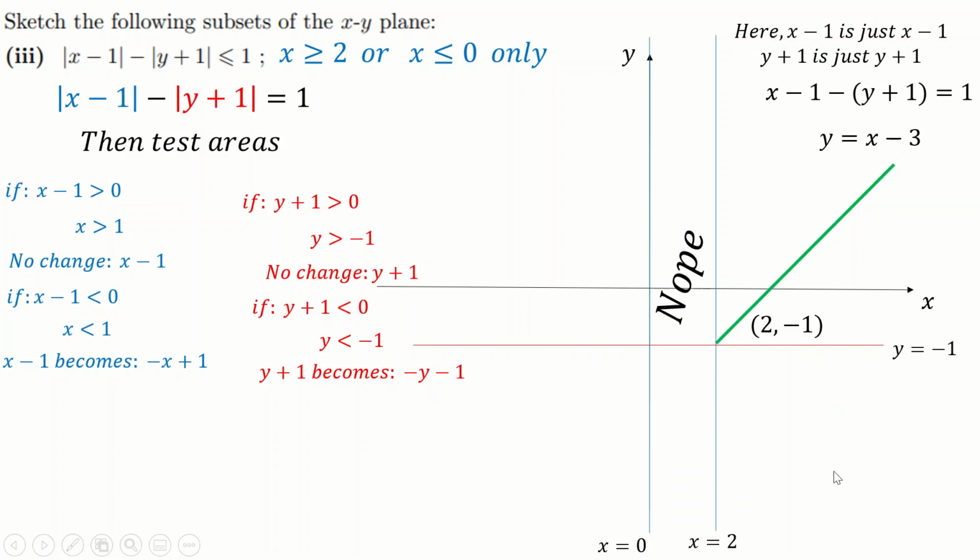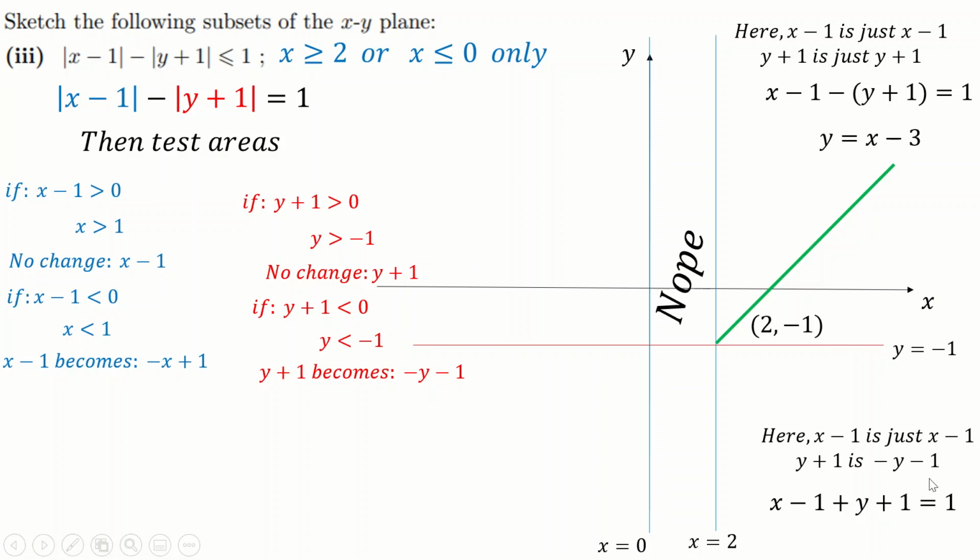Now for this tiny quadrant down here, this is where x minus 1 is still positive, but this is negative. So I times this by minus 1 to give myself minus y minus 1. Now, when I put minus 1 minus y minus 1 into this, the negative ends up cancelling them both, and I end up with positives again. So just check that yourself, make sure you've caught up with that.